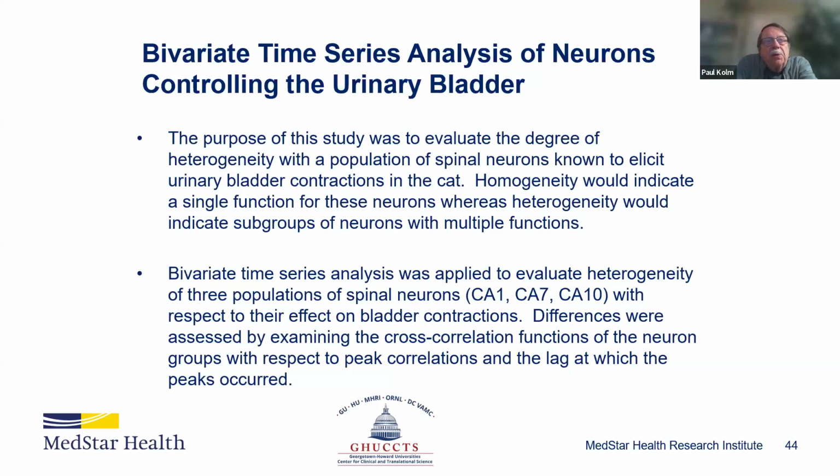We used bivariate time series analysis here to evaluate heterogeneity of three populations of spinal neurons. These are designated numerically with respect to their effect on bladder contractions. Differences were assessed by examining the cross-correlation functions of the neuron groups with respect to peak correlations and the lag at which peaks occurred.